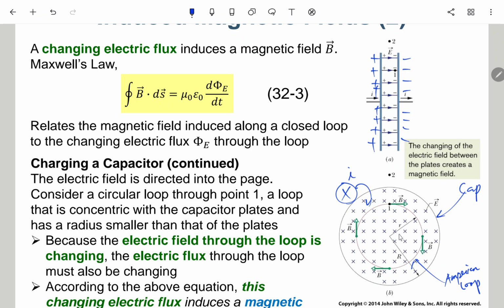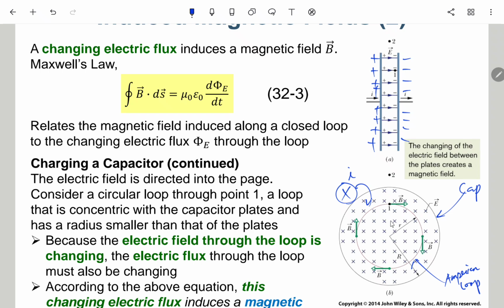In that case, we assume this I is positive, which means that E is increasing linearly, at a steady rate. So we can use the right-hand rule to determine the induced B field.